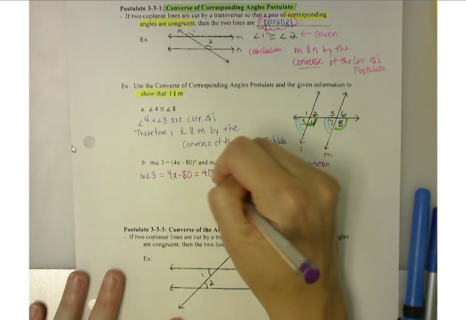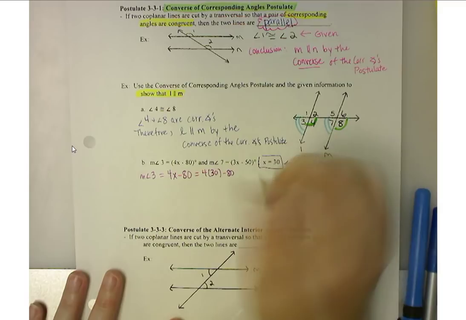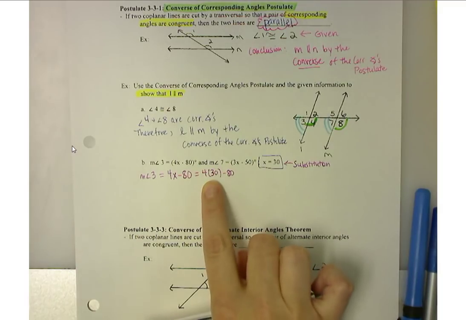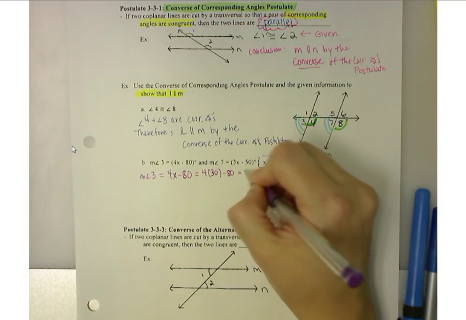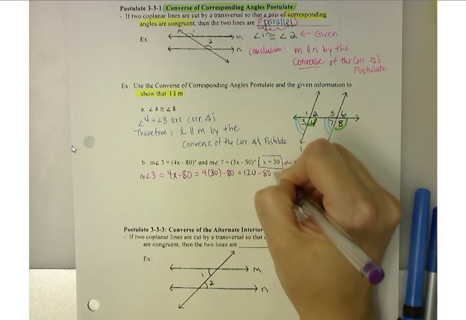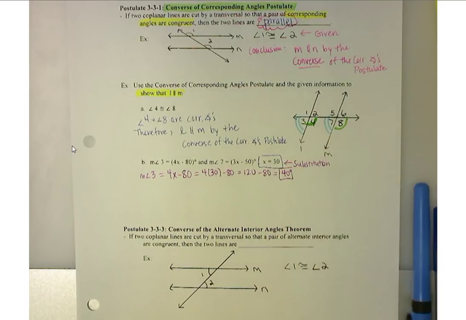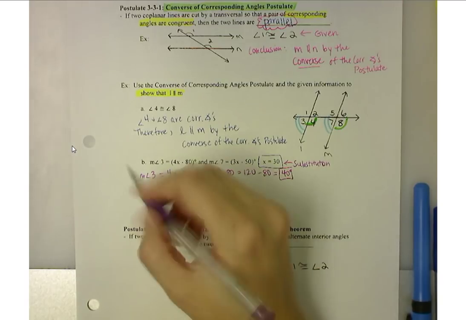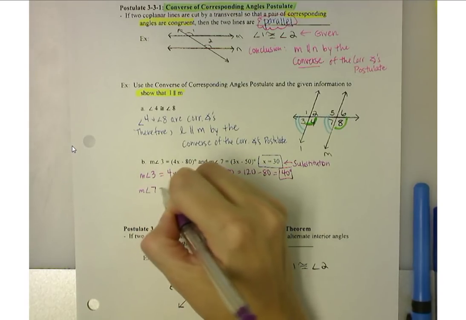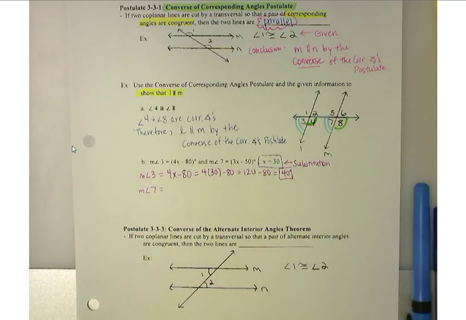So 4 times 30 minus 80. So 4 times 3 is 12, which makes that 120. So 120 minus 80 is going to be 40 degrees. All right, now let's go ahead and see what the measure of angle 7 is. Remember, in order for us to use the postulate, they need to be the same.